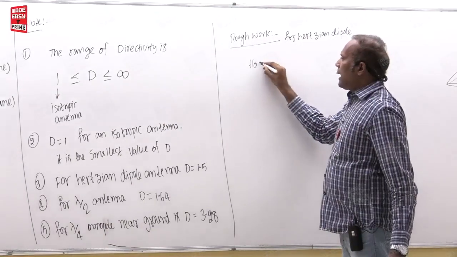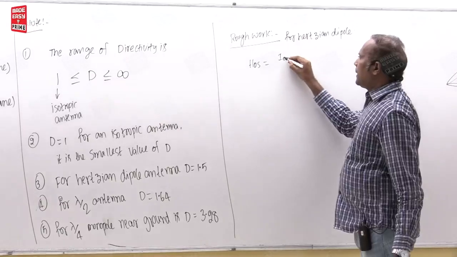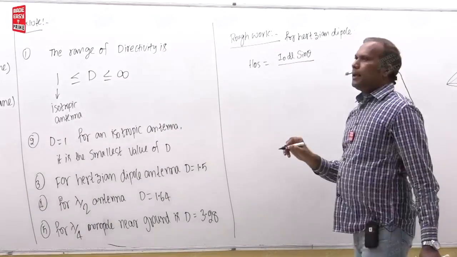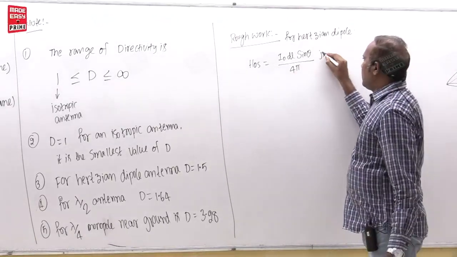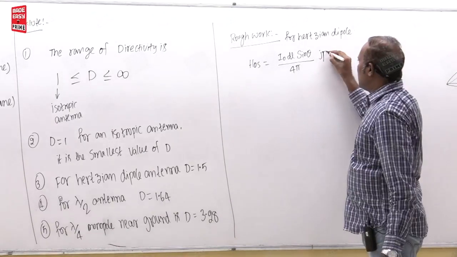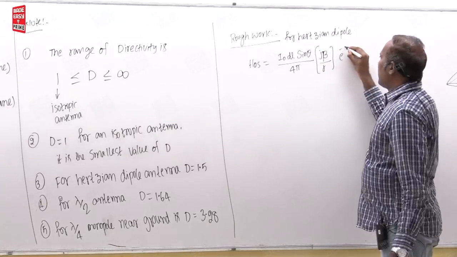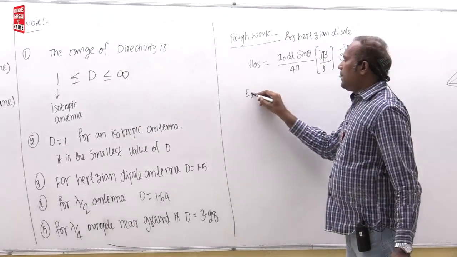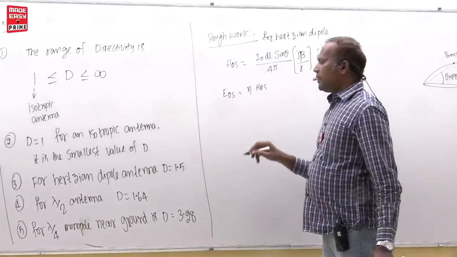I told you H phi s is equal to I naught dl sin theta, then 4 pi, j beta divided by r, then e power minus j beta r, I told you. Then electric field is equal to, dear students, eta into H phi s. You have to multiply this with eta.